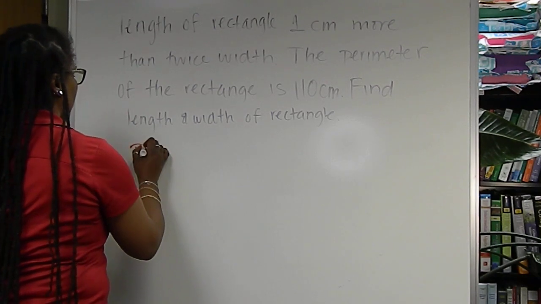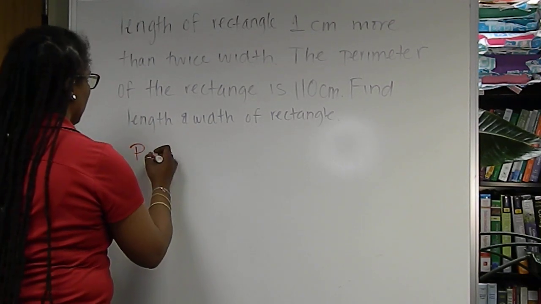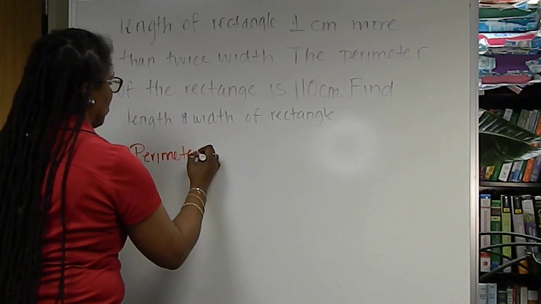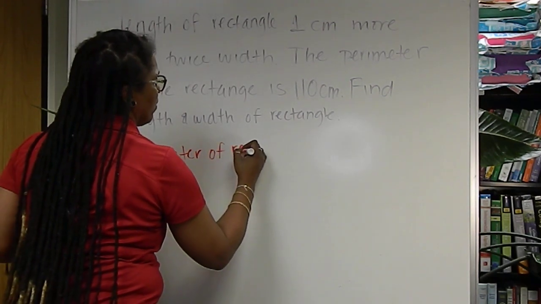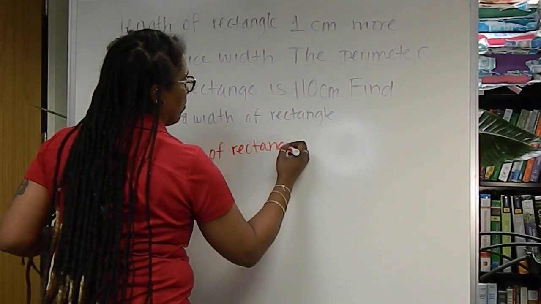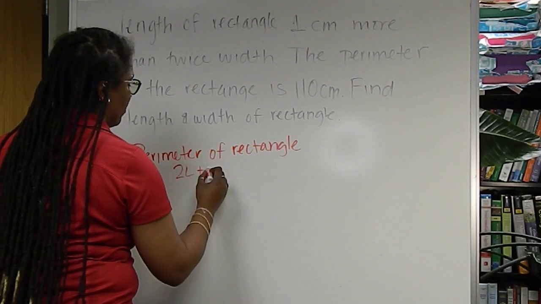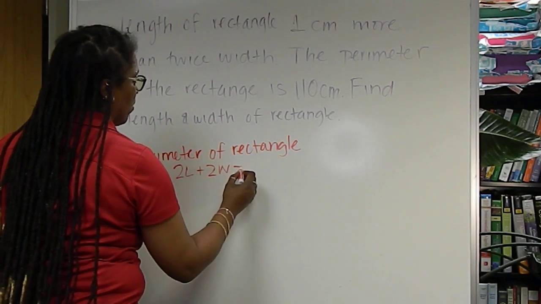The formula for the perimeter of a rectangle is twice the length plus twice the width.